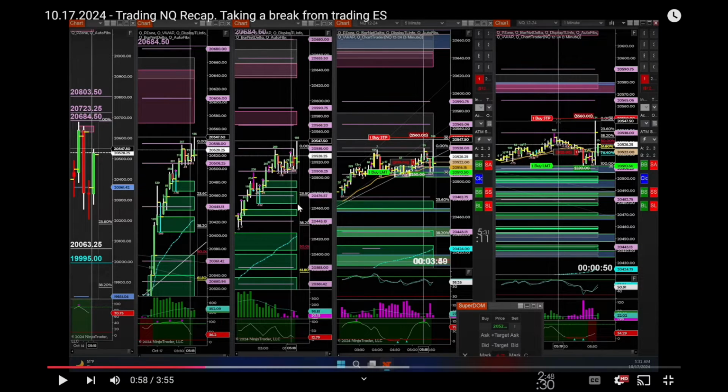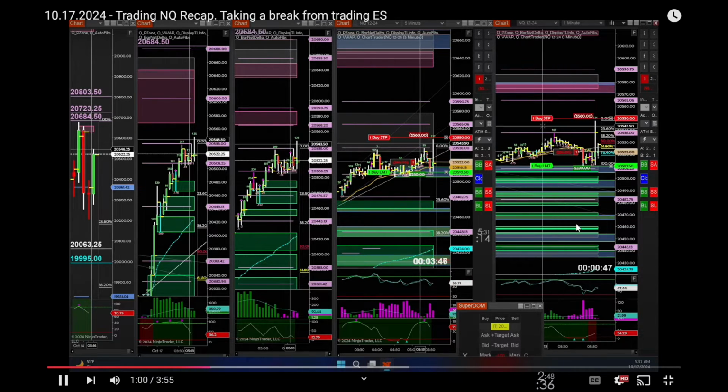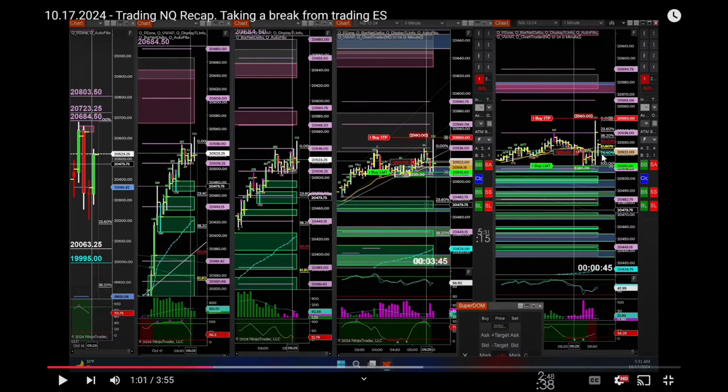Which tells me that, hey, there might be some buyers stepping in here to support this area. I decided to get out pretty quickly. If you saw the live stream there, I was kind of commentating on whether I should just stick with this trade or get out. But eventually, I made the right decision to kill the trade here.